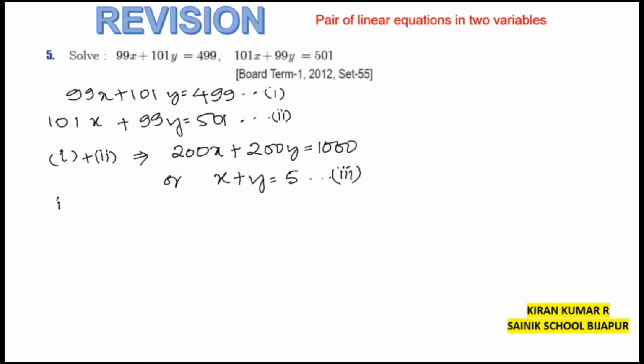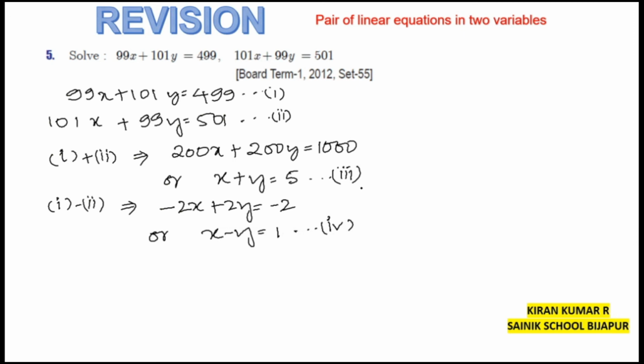Now if I subtract equation 2 from equation 1, I'll be getting negative 2x plus 2y equal to negative 2. We can take minus 2 as common. We'll be getting x minus y equal to 1. Let me call this as equation 4.